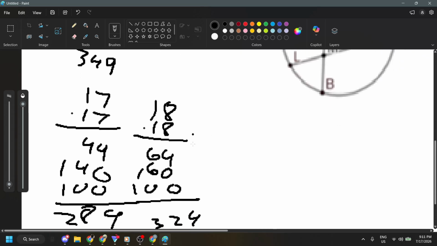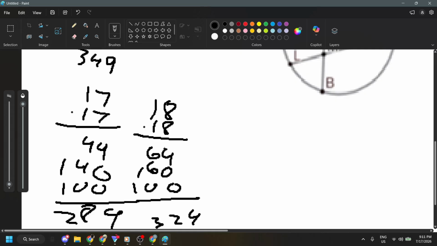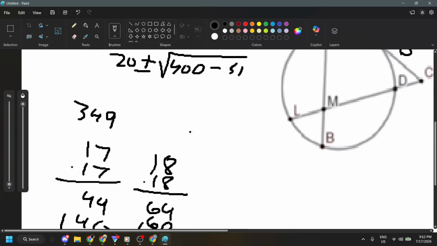Wow, okay, so 349 is slightly above 18 squared, so we only need to check below 18. Is it a multiple of 11? No. It could be a multiple of 13. 14, no. 15, no. 16, no. 17, maybe. 18, no. Okay, so let's check 13 and 17.